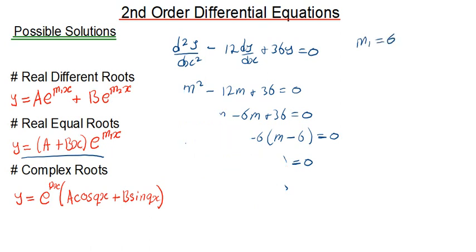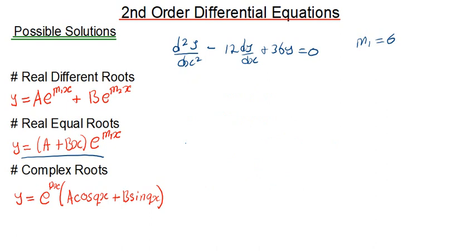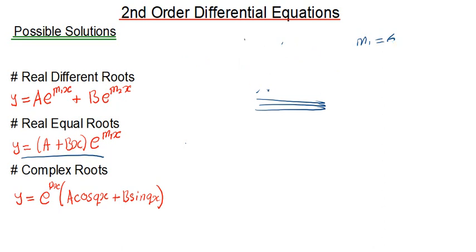So we can now say y is equal to a plus bx, then that would be e to the power 6x, like that. So this happens to be the solution that we are looking for. Very, very simple and straightforward. It's just a matter of identifying what type of roots you have. Okay, so let's look at another example.